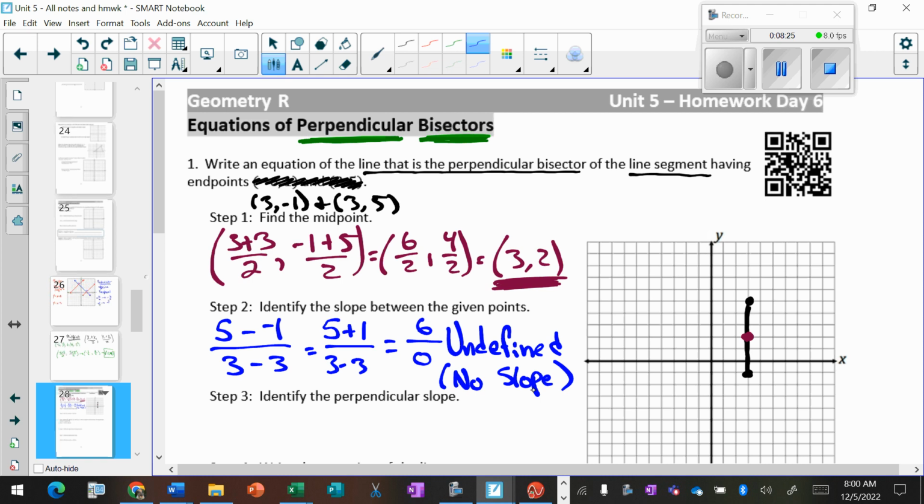So what's our perpendicular slope to a slope that's undefined? Well, perpendicular to a vertical line would be a horizontal line passing through the midpoint, but what's the slope of that? A slope of a horizontal line is 0. So our perpendicular slope that we are looking for, perpendicular to undefined, would be a slope of 0.